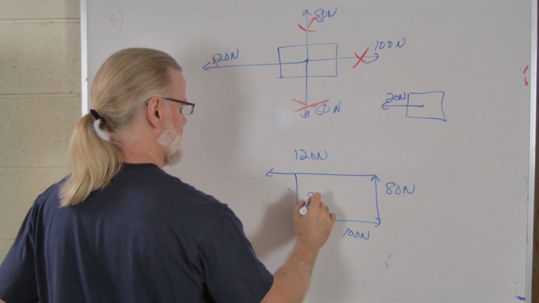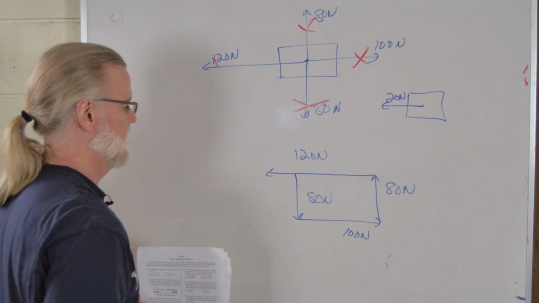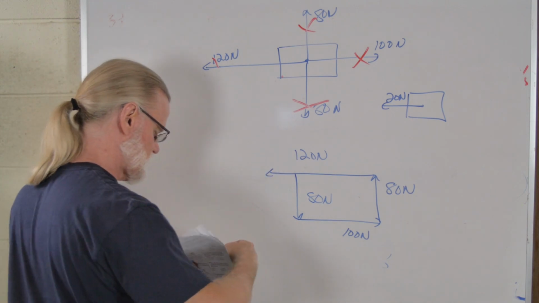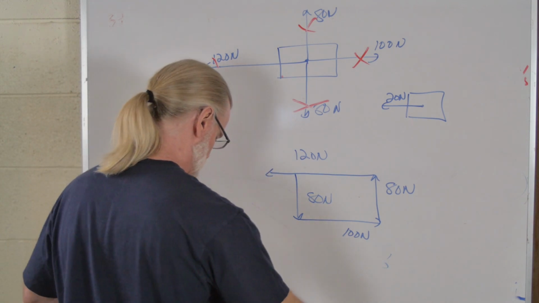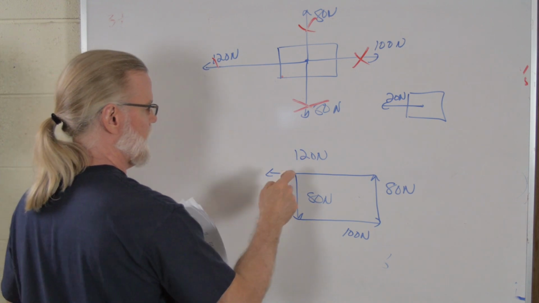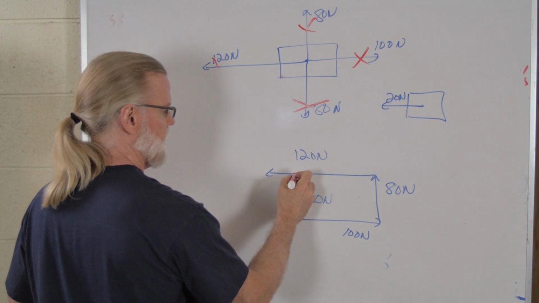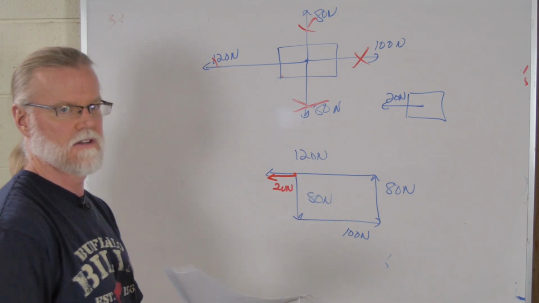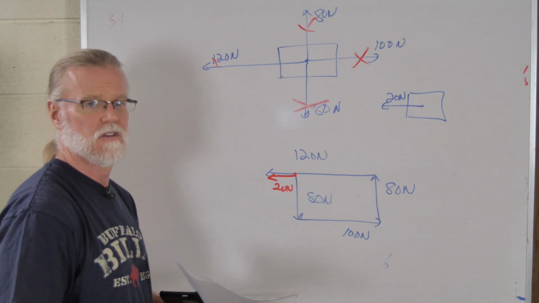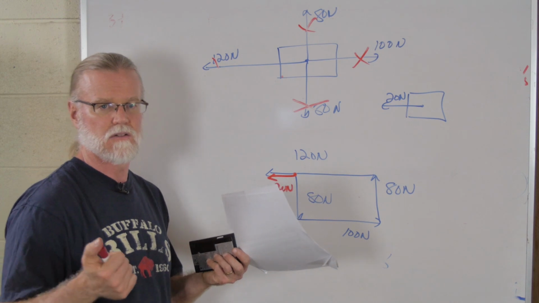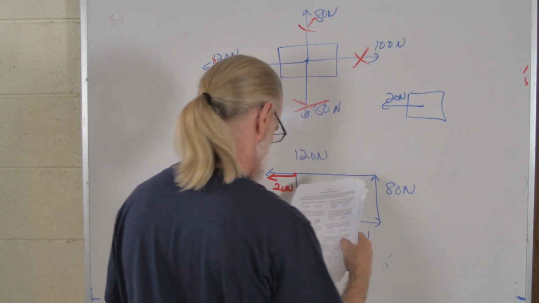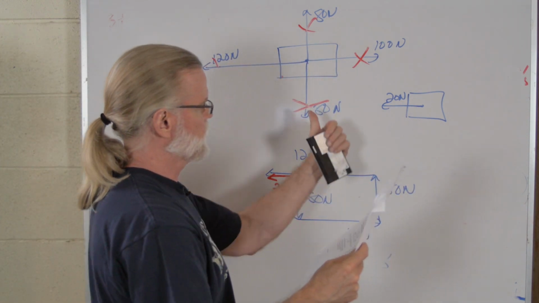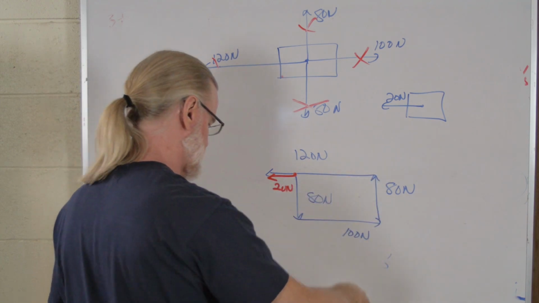Let me put this 80 here. All right, so our resultant is from where we started to where we ended, and we started here and we ended there. This is indeed 20 newtons that way. So it gives us the same answer regardless of how we do it. All right, so we have 20 newtons that way. That is our net force.